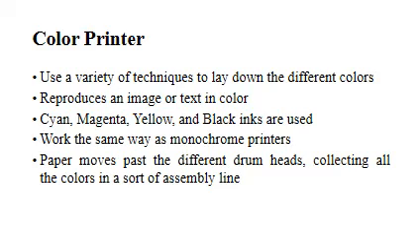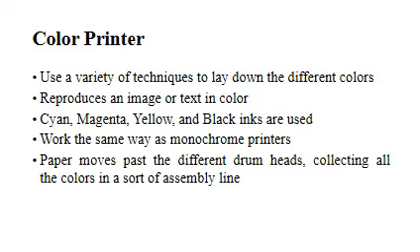CMYK refers to the colors of pigment, that is cyan, magenta, yellow and black. These are the inks used on the press in four-color process printing, commonly referred to as full-color printing or four-color printing. The combination of RGB light creates white, while the combination of CMYK inks create black.